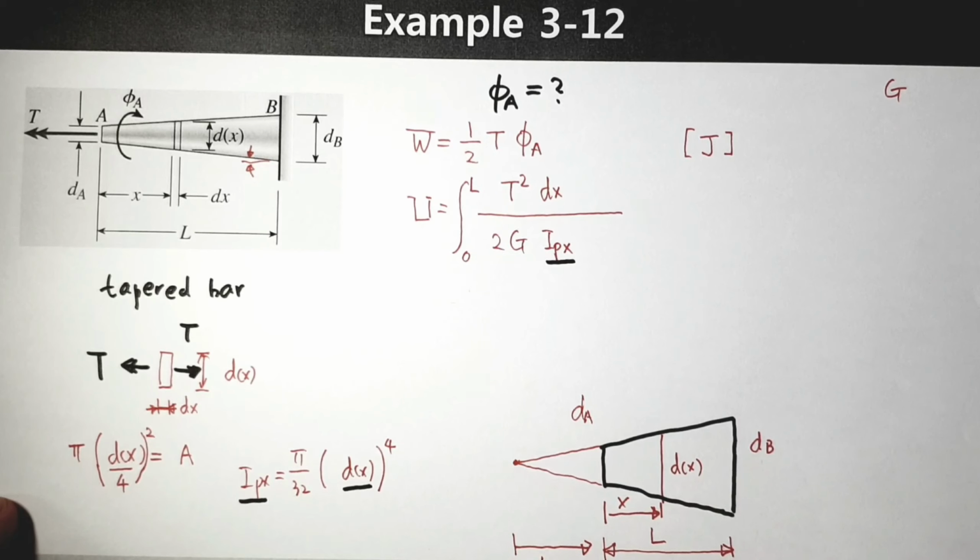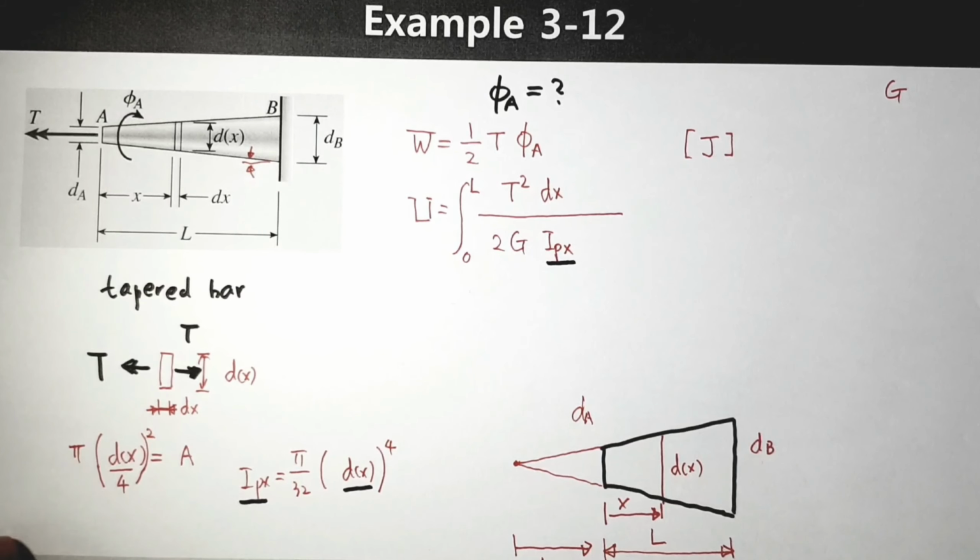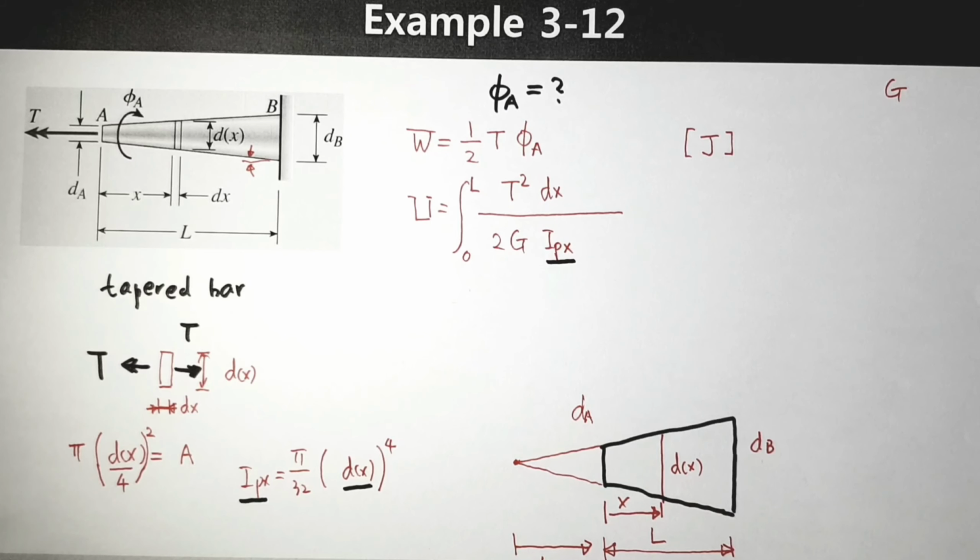And finally, LB is this distance, LA plus L. Then we can introduce some similarity relationship. When you consider this triangle and this triangle, you can compare both of them.